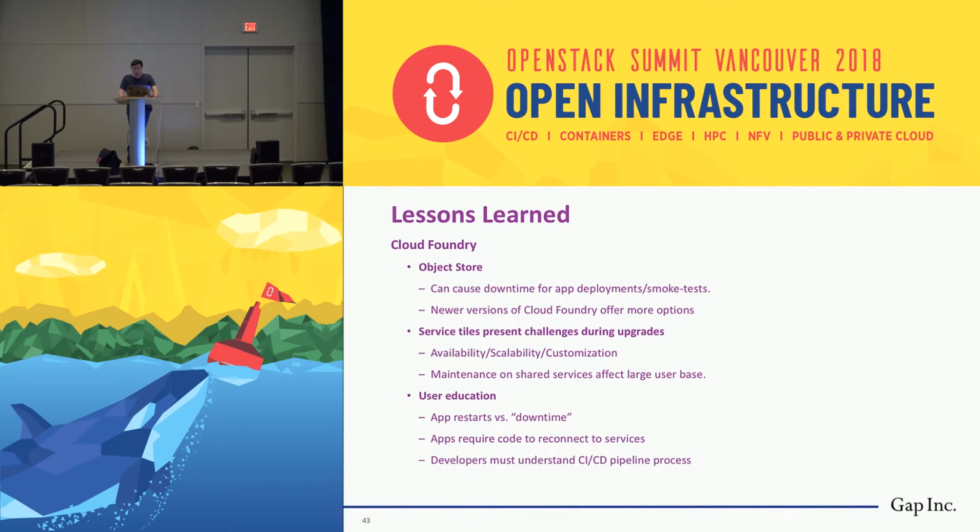And then lastly, this one is the same for Cloud Foundry as it is for OpenStack. The CI/CD pipeline process can be a black box to developers. So all the time, even now, we get messages from a developer saying, my call Nova failed and couldn't build my VMs, or my call PCF failed, couldn't build my app.